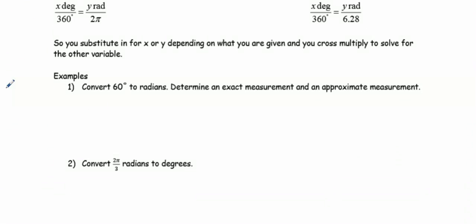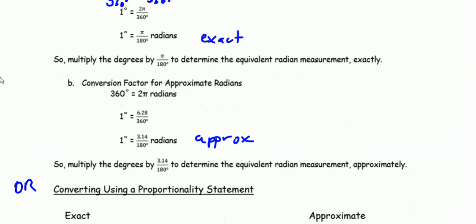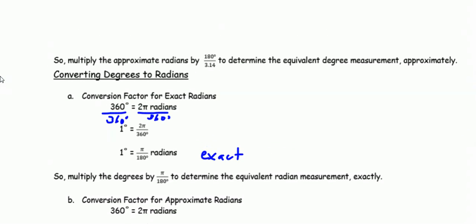So I'll do 60 degrees to radians using our multiplication method. Now, I'll just simplify here. You may want to memorize this. I don't usually memorize things, I try to understand them.